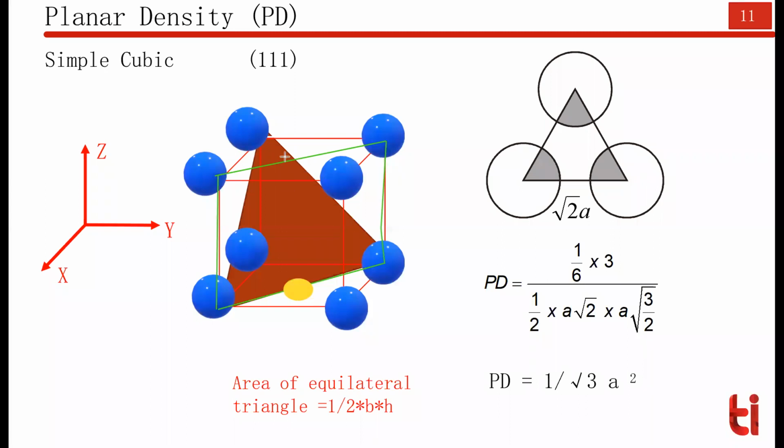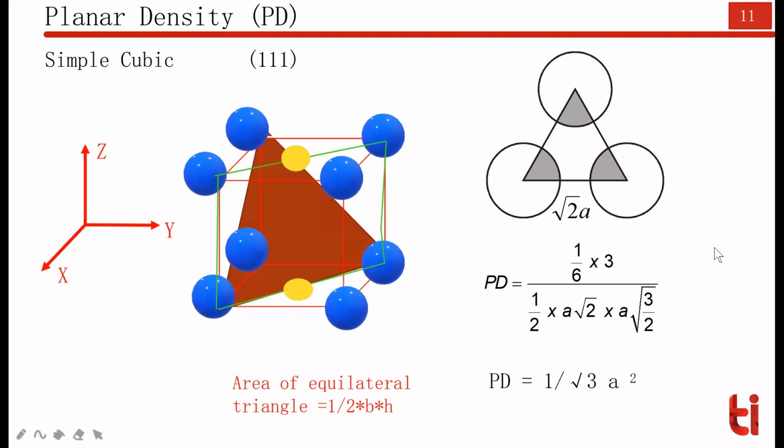One is here, another one on the top. So you will get one more here. So effectively on this plane, you have 4 corner atoms and 2 face atoms.